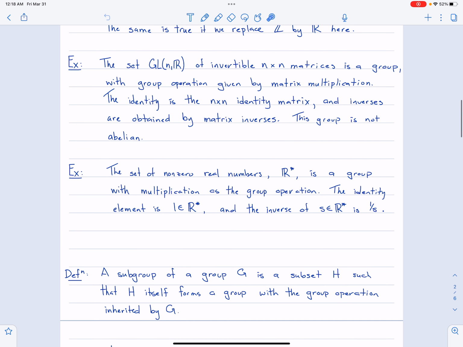All right, so a subgroup of a group G is a subset H of G that is itself a group when it's given the group operation that it inherits from G. So if G is a group, then a subgroup is just a subset of G that also happens to be a group when you think of it in terms of the group operations.